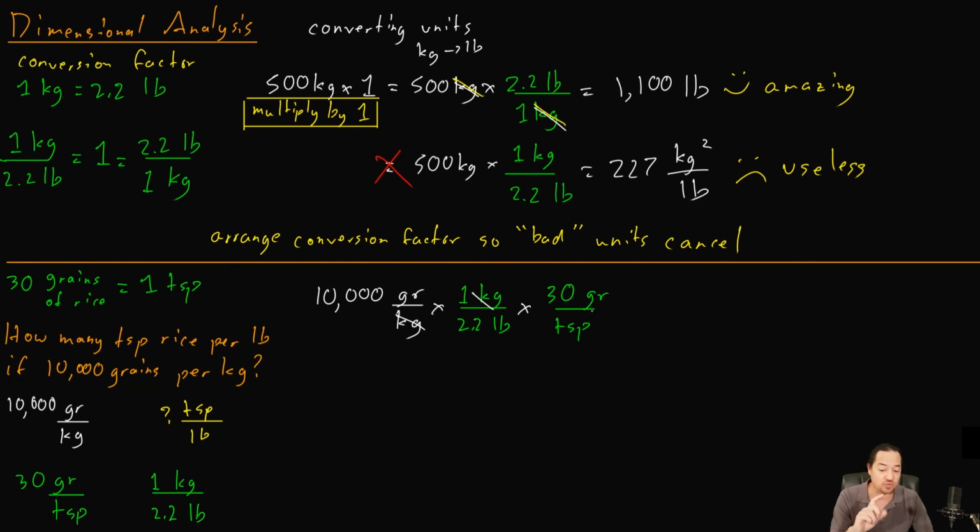We didn't arrange the conversion factor correctly. We want that grains to cancel. So let's invert it. Okay, let's invert this. And we're going to say there's 1 teaspoon for 30 grains of rice. And now I think we're done. We can now cancel out grains with grains, and we'll have teaspoons in the numerator, pounds in the denominator. We're good.